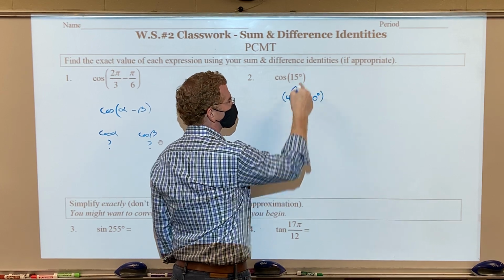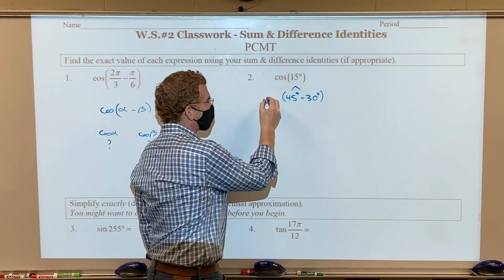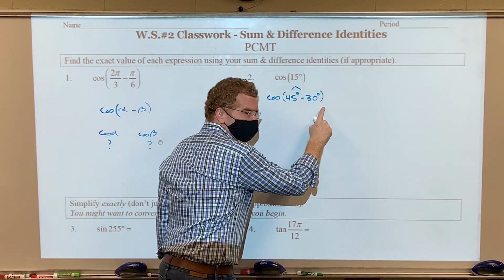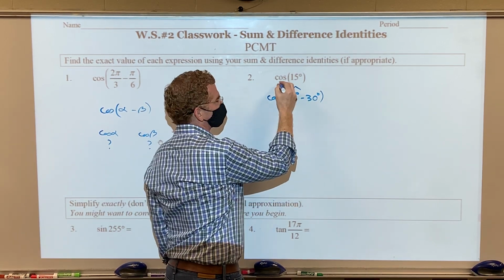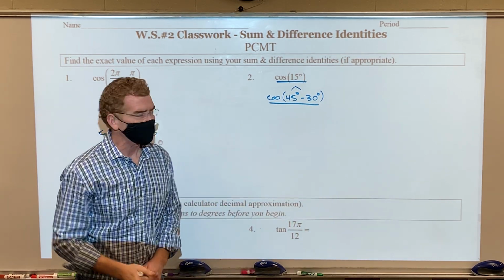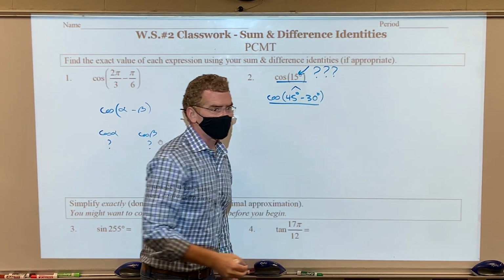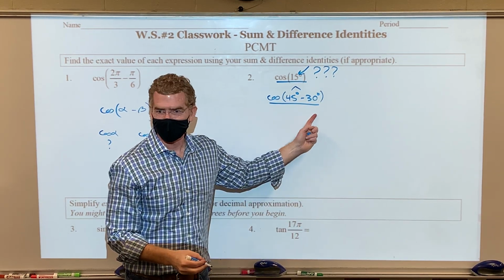Is 45 minus 30 15 degrees? So if it is, I could take the cosine of that the same way I could take the cosine of that, because they're the same thing. Now, I don't know anything about this angle, but I know plenty about 45 and 30.